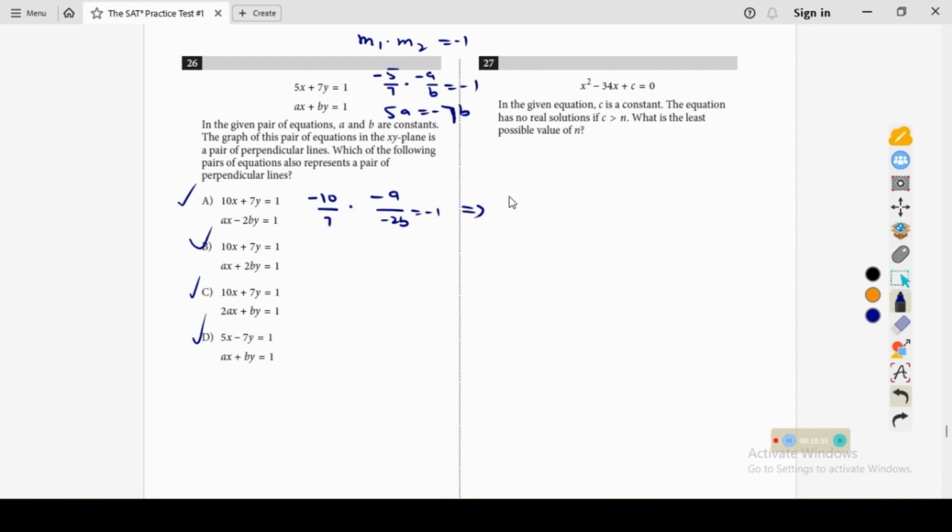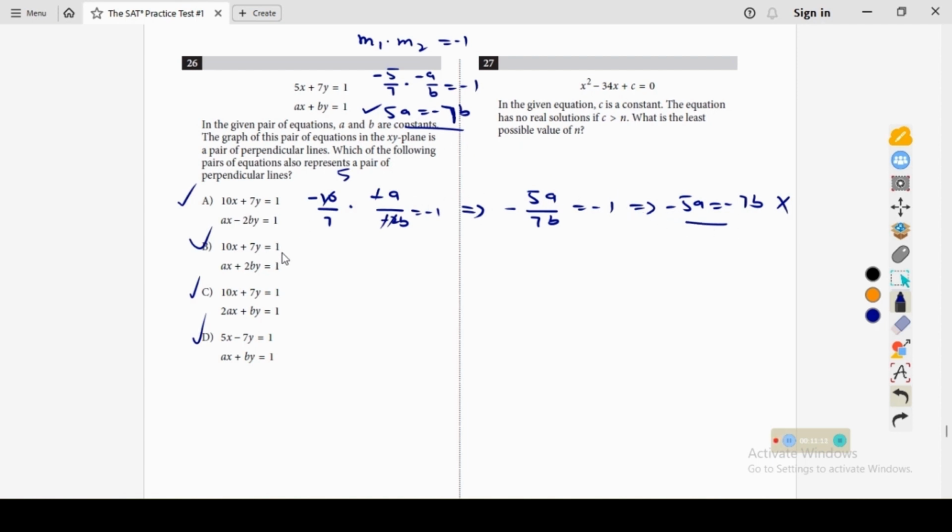It becomes 5a by 7b equals -1, and here there is a minus because there are three negative signs, so two will be cancelled out, and it becomes -5a equals -7b. So it is different from our given equation, so it is not the correct answer.